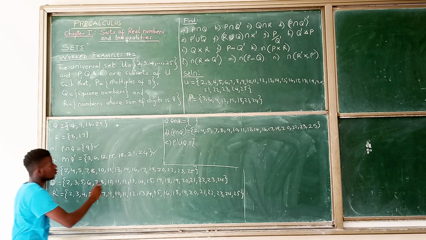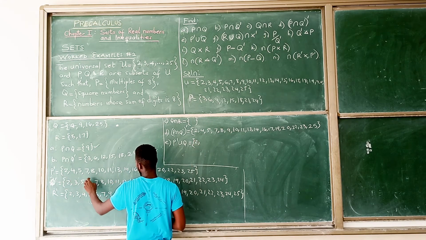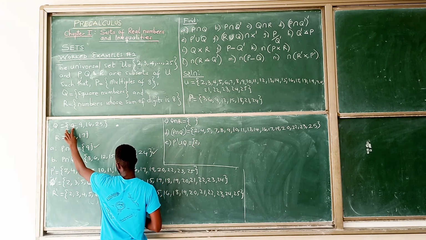We have 2. 4 is here, 4 is here, so we are going to list 4 once.